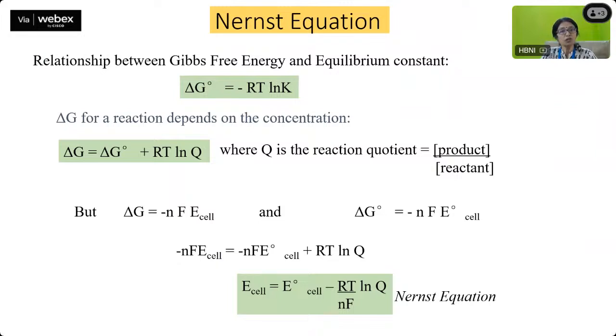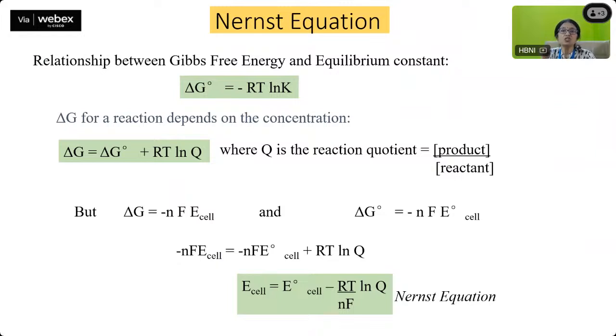Now, another very important concept is that of the Nernst equation, and this is nothing but the relationship between the Gibbs free energy, which we discussed, that is delta G0, with the equilibrium constant K. So delta G0 is minus RT ln K, and delta G for a reaction basically depends on the concentration, because delta G is delta G0 plus RT ln Q, where Q is the reaction quotient.